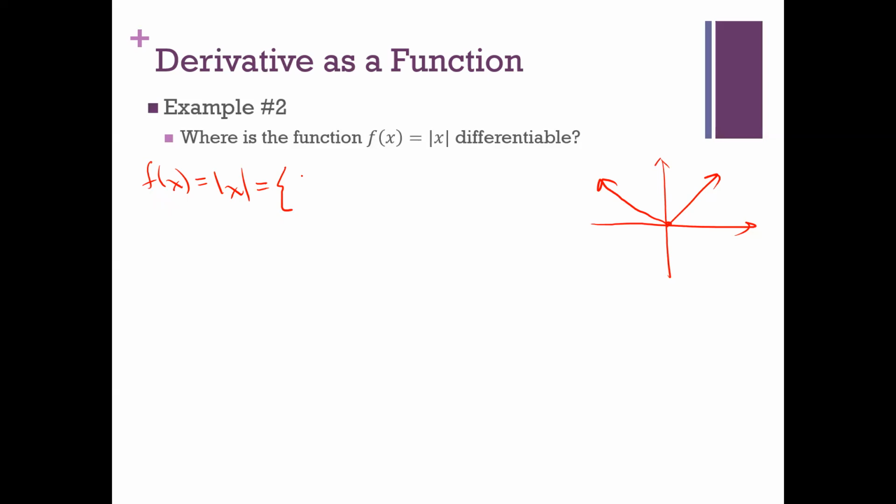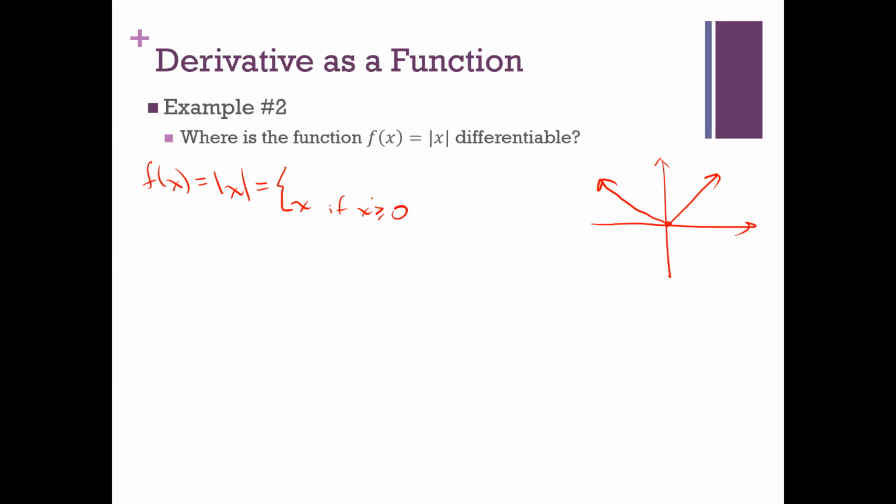So what does an absolute value do? It makes everything positive, right? Or at the very least non-negative. So if I give the absolute value function a positive number, it gives me the same number. So this function equals x if x is at least 0.